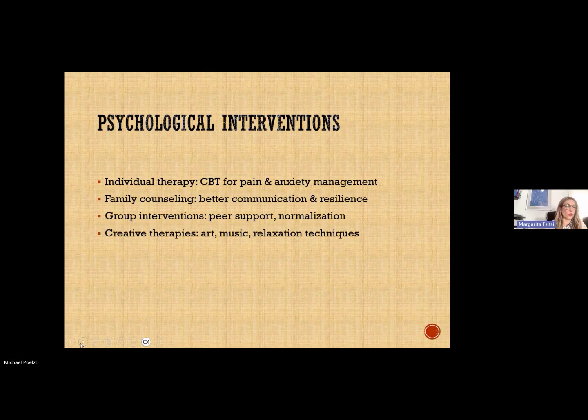Group interventions, especially for adolescents, help normalize the experience and reduce feelings of isolation. And creative modalities such as art, music, or relaxation therapies allow children to express feelings that words cannot capture.